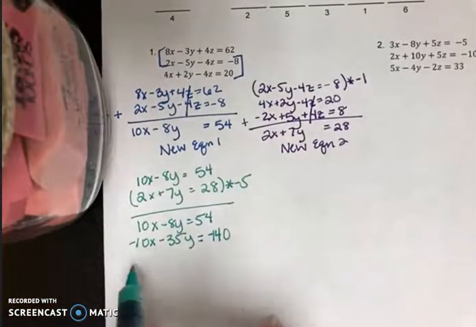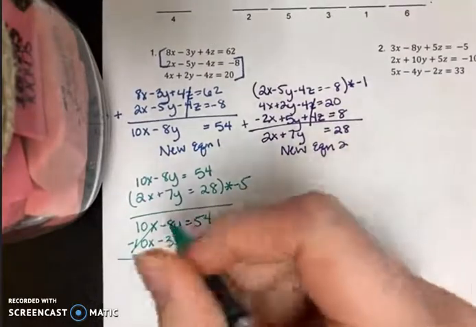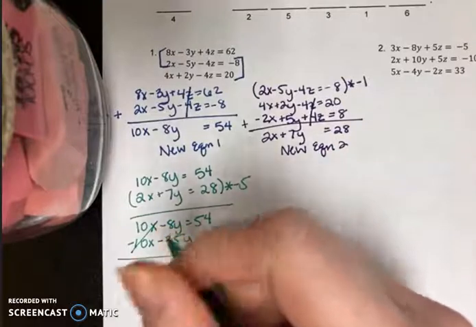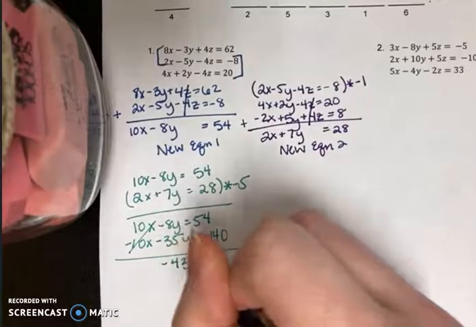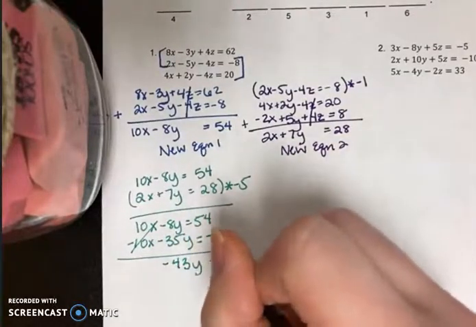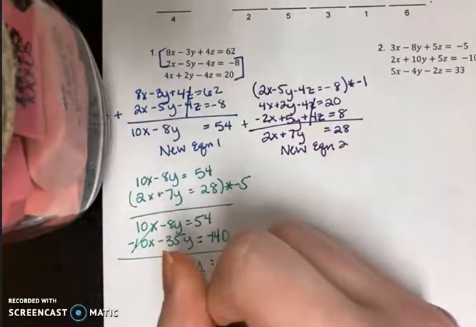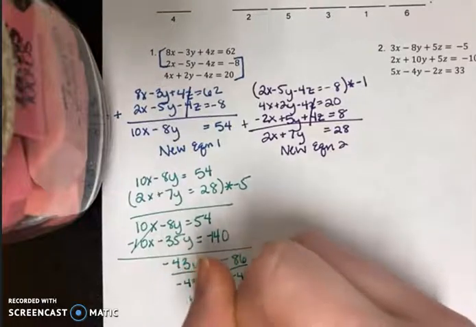Now I'm going to add them together so the x's cancel, which is what I wanted. Negative 8 minus 35 is negative 43y, and 54 minus 140 gives a negative 86. Divide each side by 43. That gives me y equals 2.